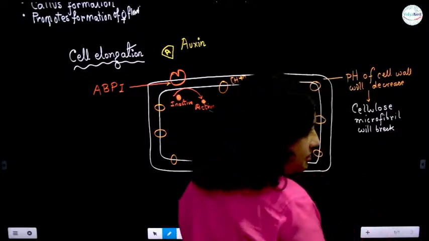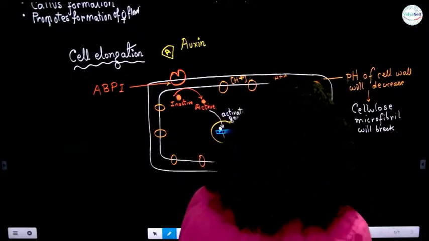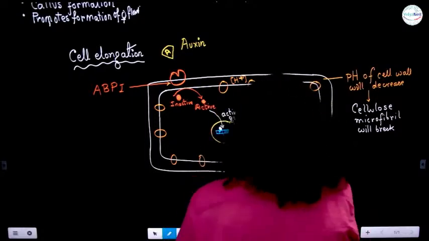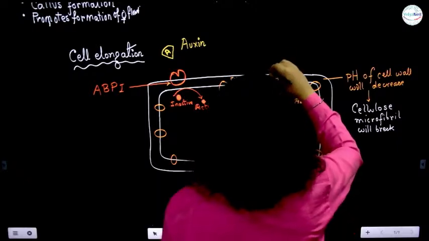And as the cellulose microfibril breaks, there is another protein which is associated over here that is known as expansin.